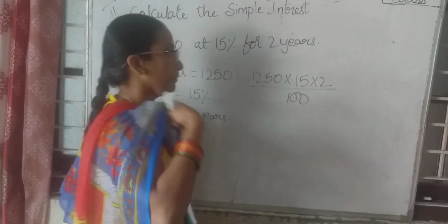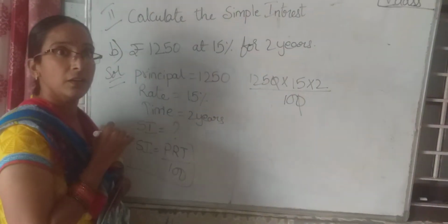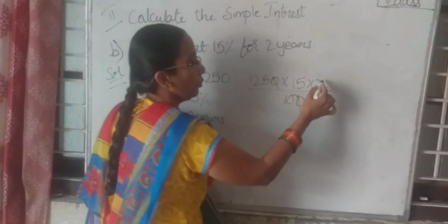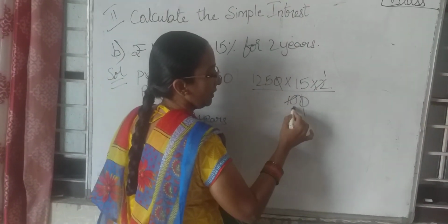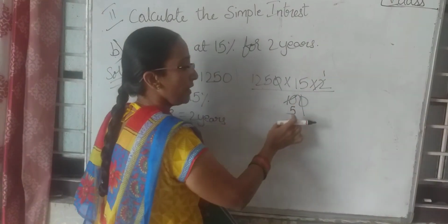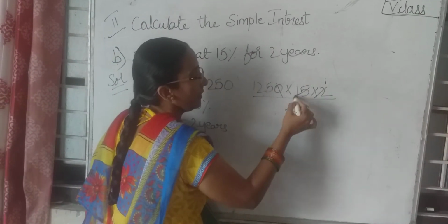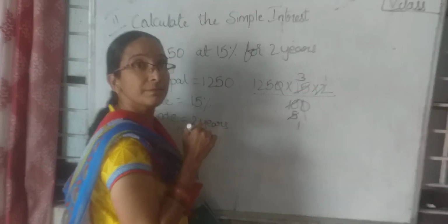Okay children. Two zeros cancel with two zeros. Finished. 2 ones are 2, 2 5s are 10. Now 5 ones are 5, 5 3s are 15. Okay.